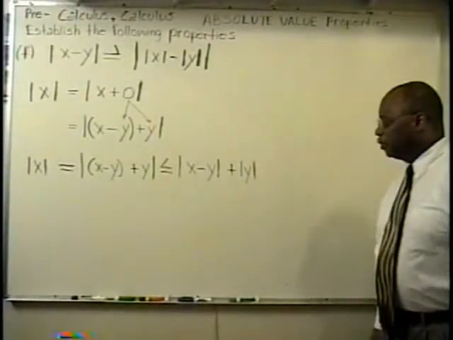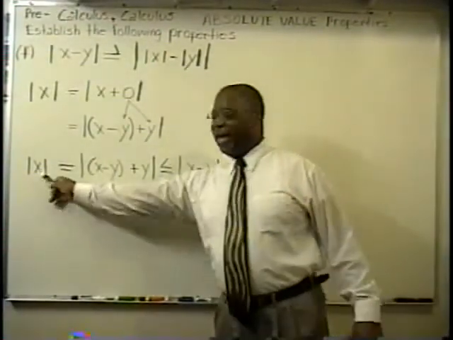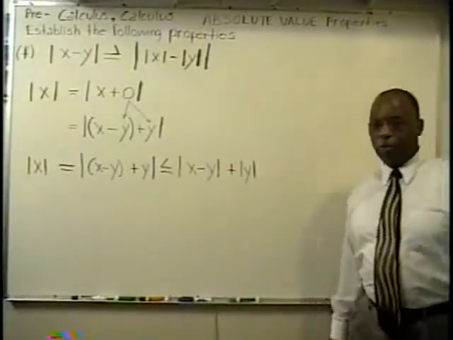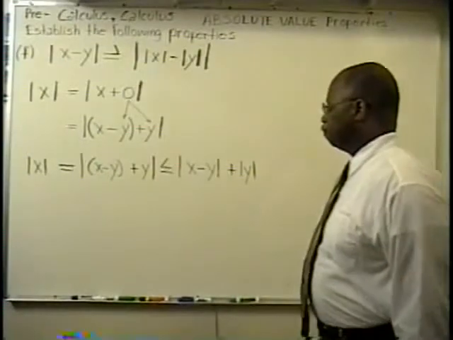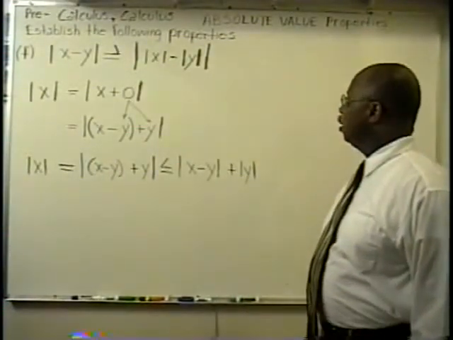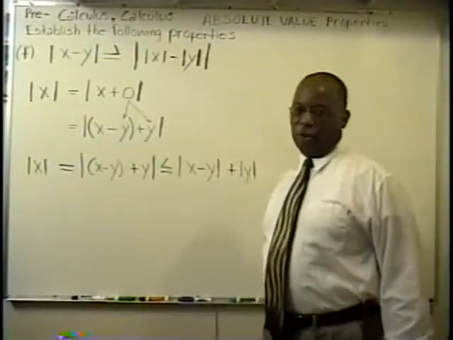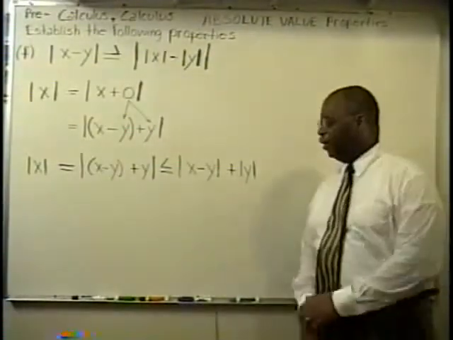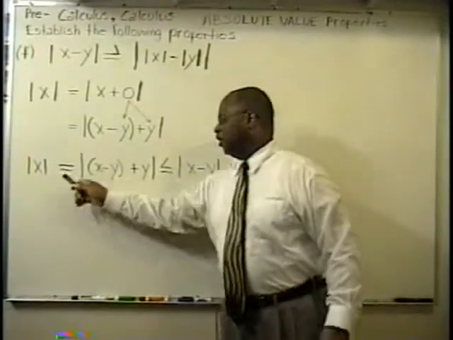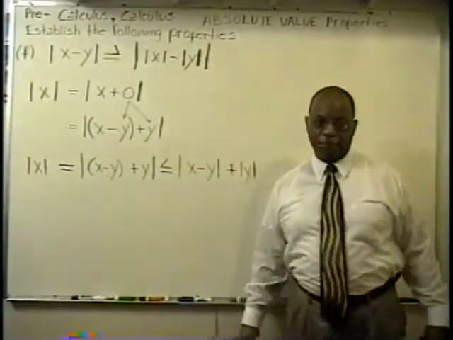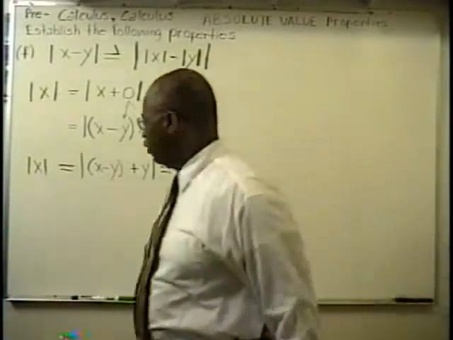So now, since this is that, what can I do now? Let's see, Ramona? Yeah, the answer's kind of here. We're going to need an absolute value of x, aren't we? So what do you think I'm going to do now? Since this and this are the same, and I need this, what do you think I'm going to do now? Take a close look at that.